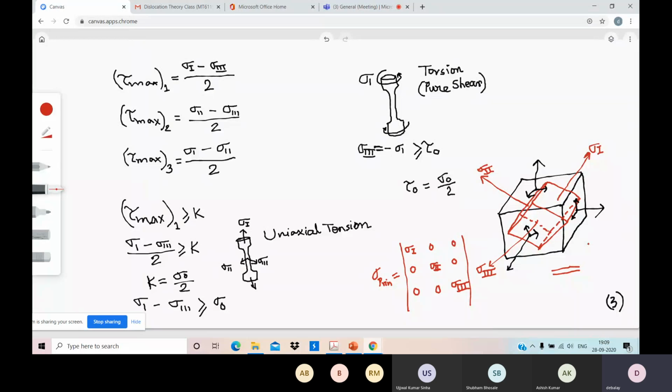And inside this parallelepiped, you can draw another inclined parallelepiped where the face planes are three sets of principal planes, where the red parallelepiped is your principal planes with principal stresses sigma 1, sigma 2, sigma 3. And on those face planes, there is no shear stress, because you know a principal plane contains only normal stress with no shear stress.